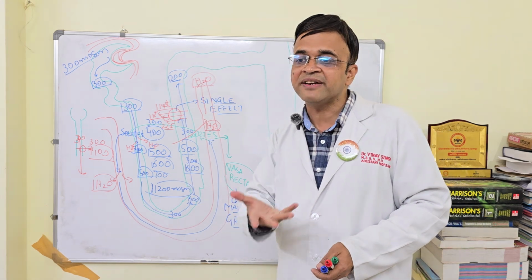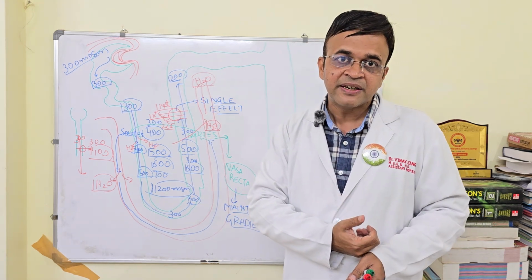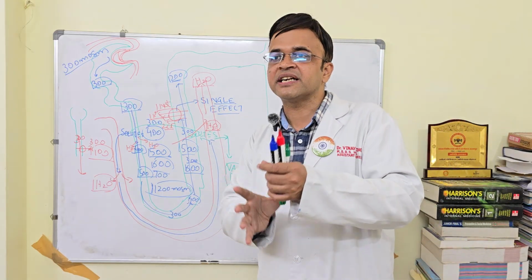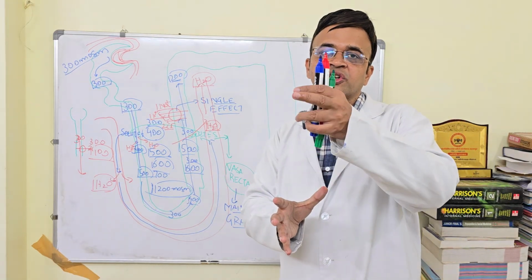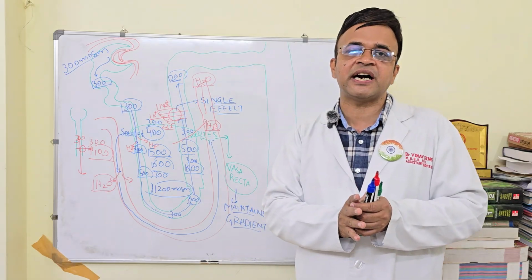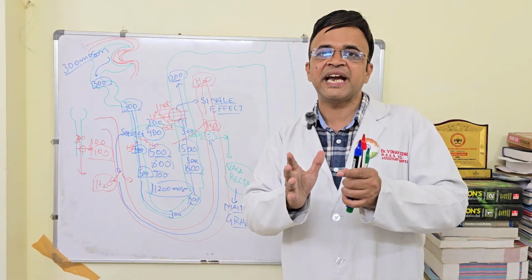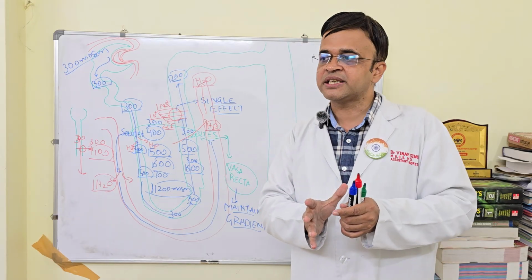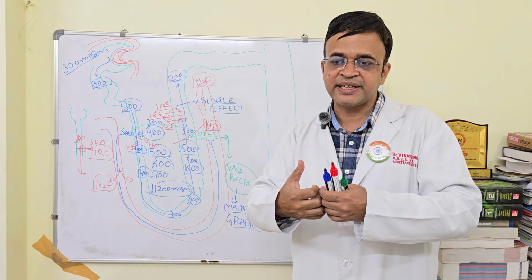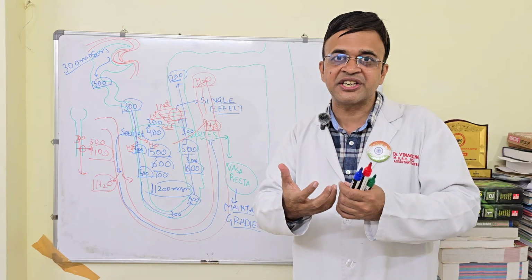But the next question is why we need this gradient, right? We need this gradient for the collecting duct. Your collecting duct has got two portions: a cortical portion and a medullary portion. The cortical portion is under the effect of ADH, right? But in the medullary portion, the water is reabsorbed osmotically, and osmosis needs less energy.